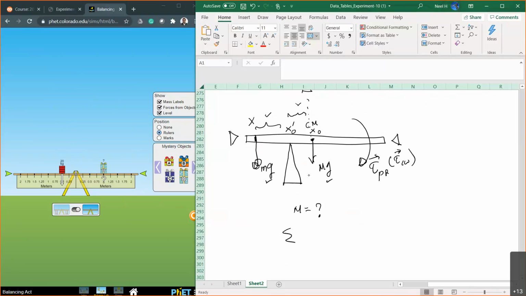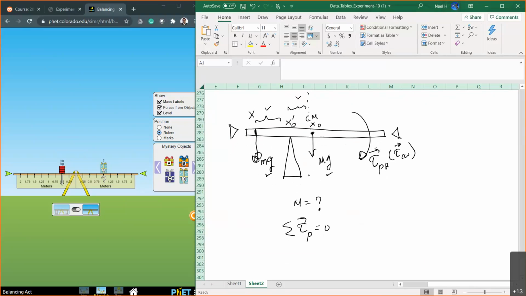balance equation. The sum of the torque around point P must be equal to 0. Now let's write it down: torque around point P from the right hand side plus torque around point P from the left hand side should be equal to 0.